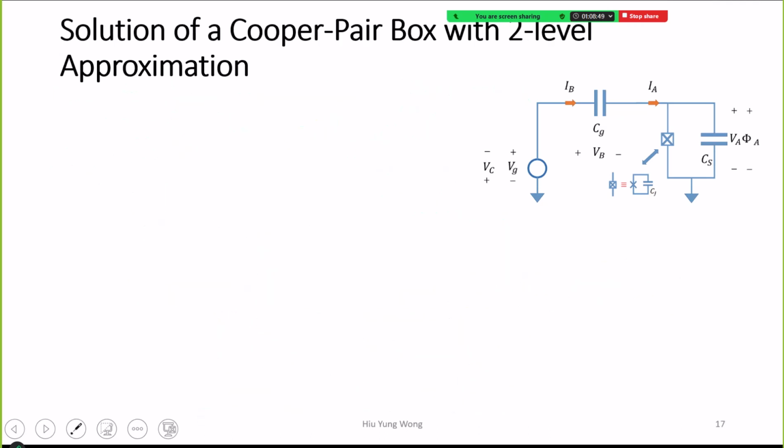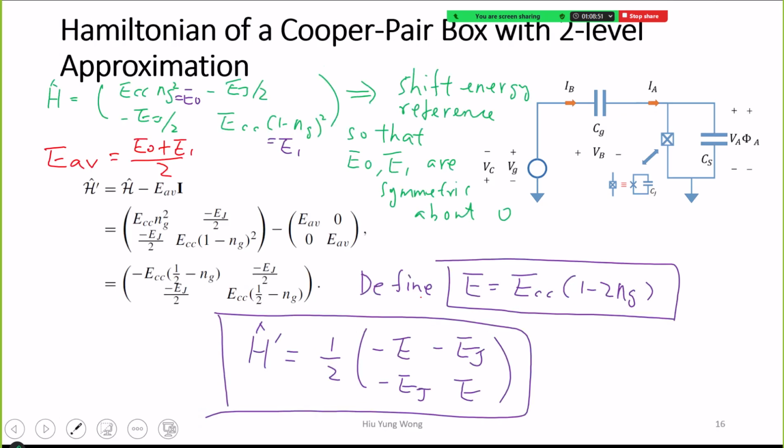Let's pause a little bit. Any questions? So what we're doing is to find the Hamiltonian of a Cooper pair box, but we only limit to 2 levels. And we are going to work in a valid regime where this 2 level actually is very accurate or even exact. Later I will show you, which is the charge qubit. Okay? And how do we do that? We did not do anything special. We did not learn anything new.